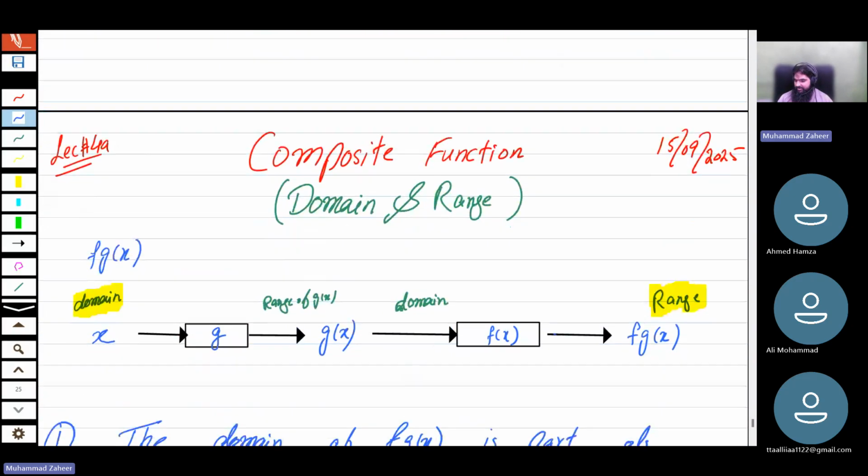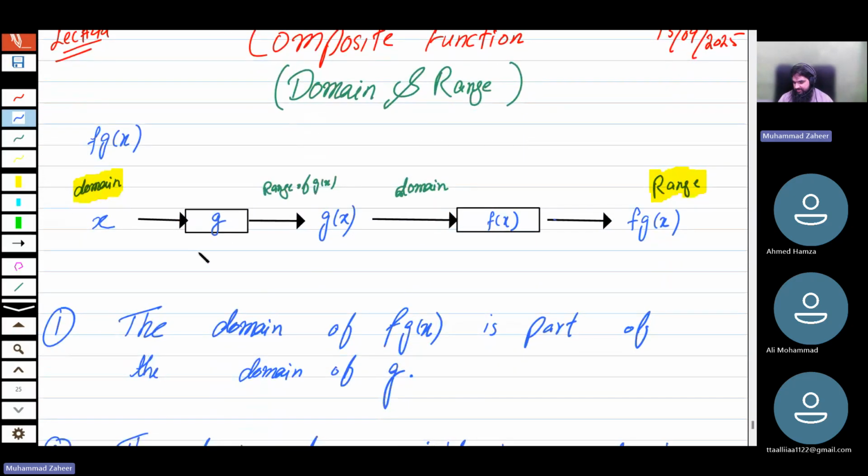For example, in a very simple example, let's say g of x is equal to 2x plus 1. What is the domain of g of x? In general, we can say that we can take all real numbers, right?